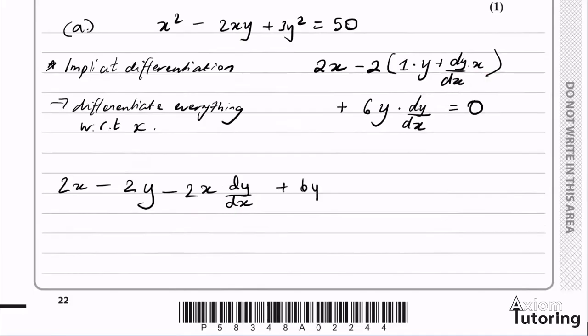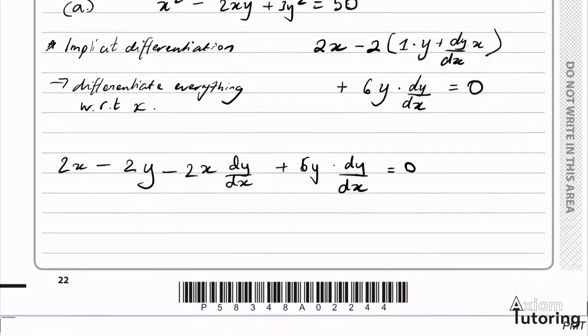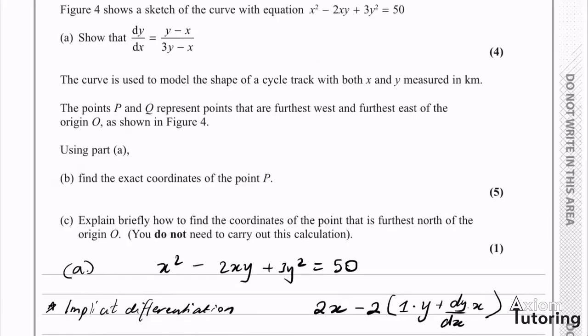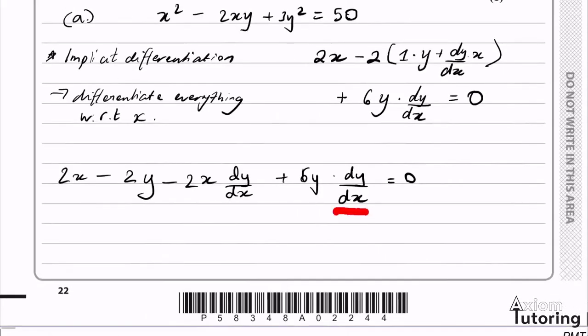Plus 6y times dy over dx equals 0. Now, to make sure it looks like what we're after in part A, we want to get the dy over dx all on one side and all the other terms on the other side. So we can pull out the dy over dx and factorize it and get it on its own.